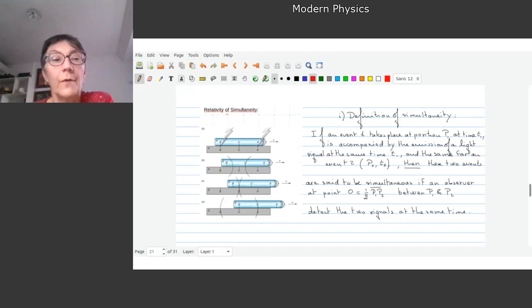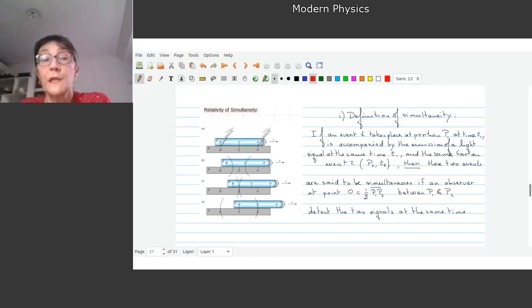Okay, so the first thing we will see is that simultaneity is relative. You remember, when you describe a movement in one reference frame or in another, you can have a spatial transformation, x, y, z to x prime, y prime, z prime, and velocity also, but the time is the same, okay?